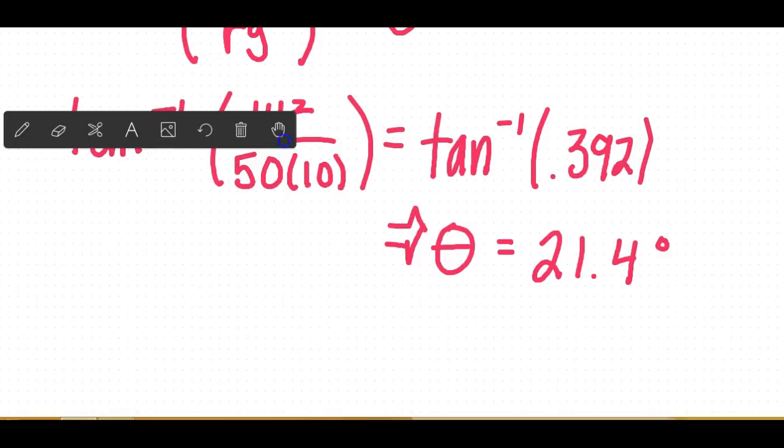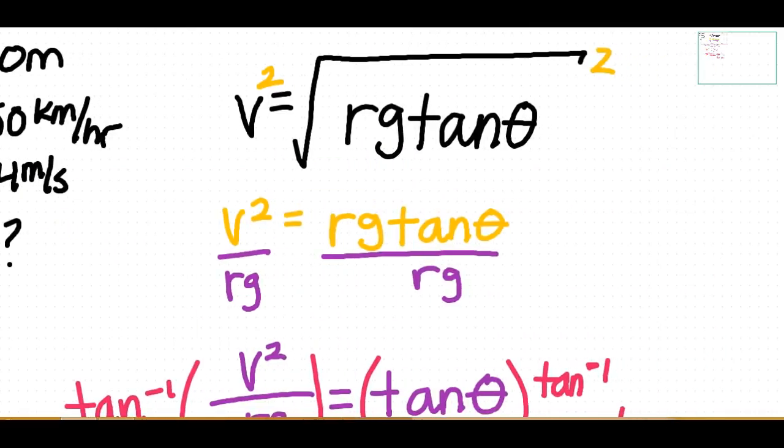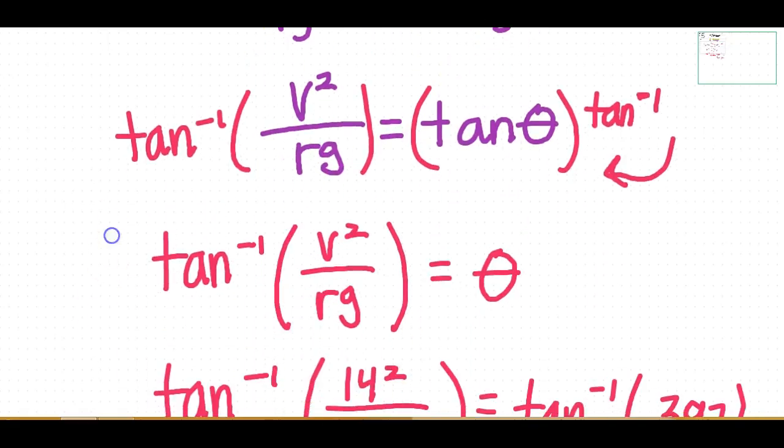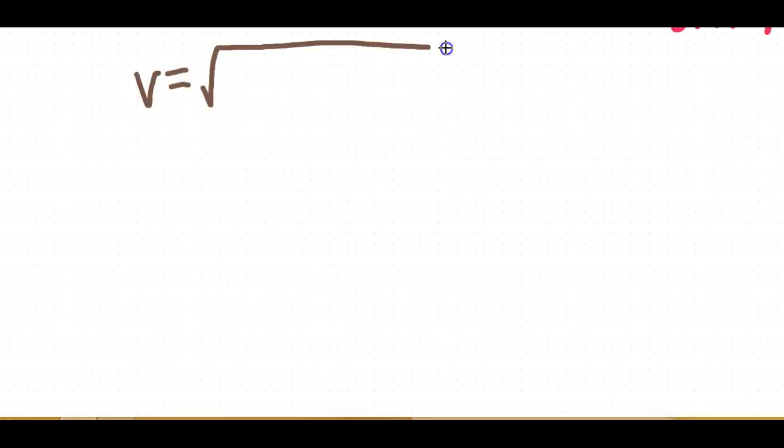Now what you don't need to know is how to get to this point. What you do need is this equation here, V squared is equal to RG tan theta, and you also need to know this final one. If you want to rearrange, I'll give you a list of which equations you have. The options: velocity is equal to the square root of RG tan theta.